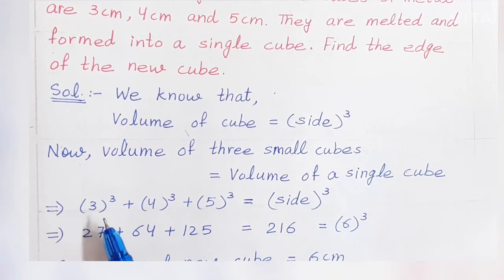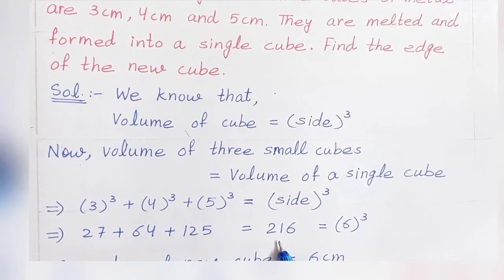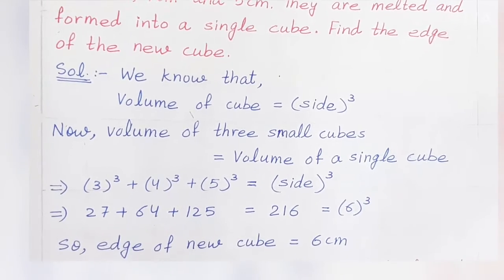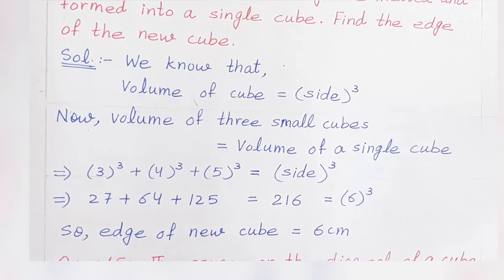So here 3 cube is 27, 4 cube is 64, 5 cube is 125. After adding this, we will get 216, which is a cube of 6. So therefore, the edge of new cube is 6 centimeter. Clear?